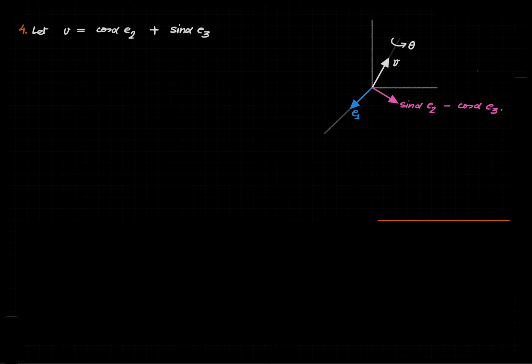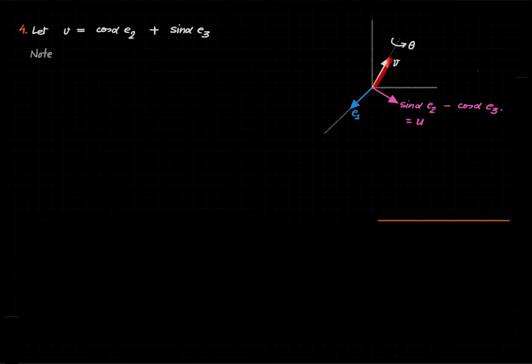So to do that, note that E1 is orthogonal to the vector V because E1 is perpendicular to the plane in which V lies. So E1 is orthogonal to the vector V, and I have defined another vector which I will call little u, right? So U is a unit vector and V is also a unit vector.